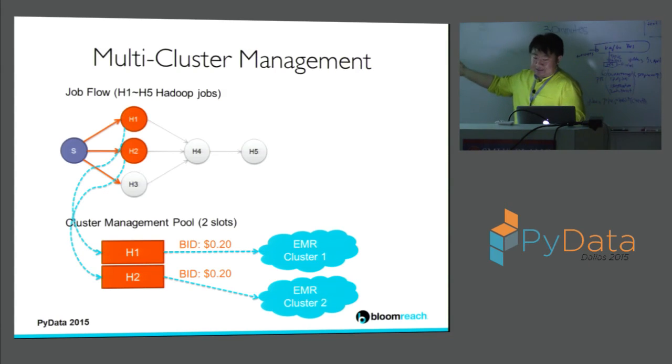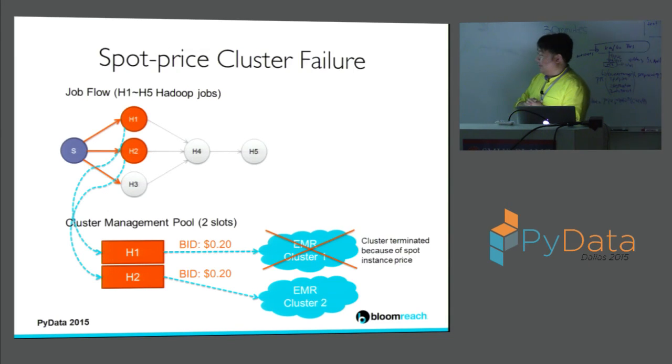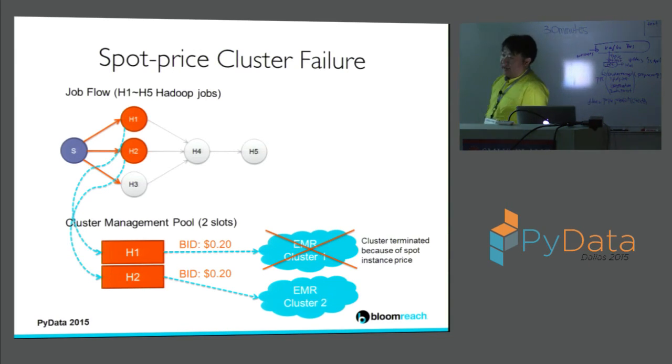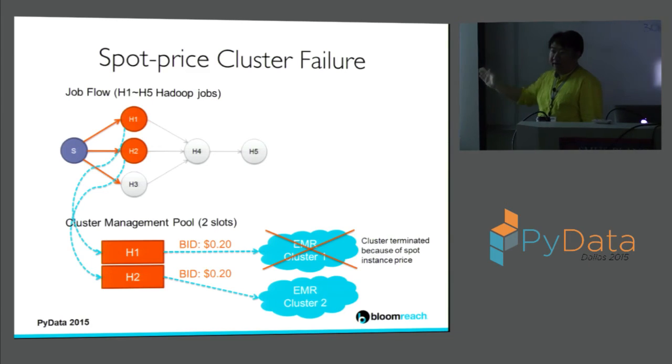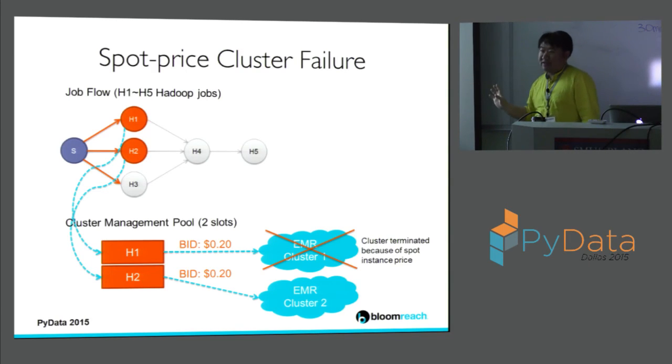So imagine that originally we bid on the 2 clusters with just 20 cents, and they're just running. And suddenly, for some reason, one cluster gets killed because the spot instance price goes up. But the interesting thing on Amazon is that not all your clusters will get killed at the same time. Maybe someone just outbid you for a certain capacity.